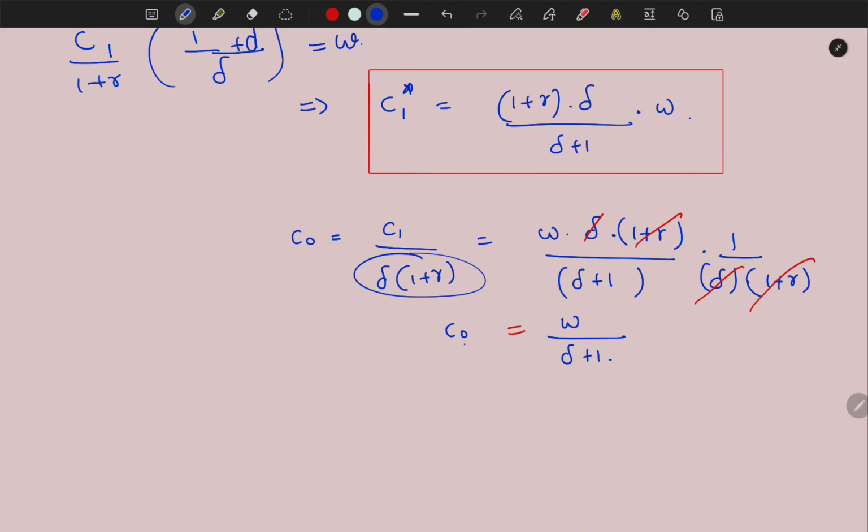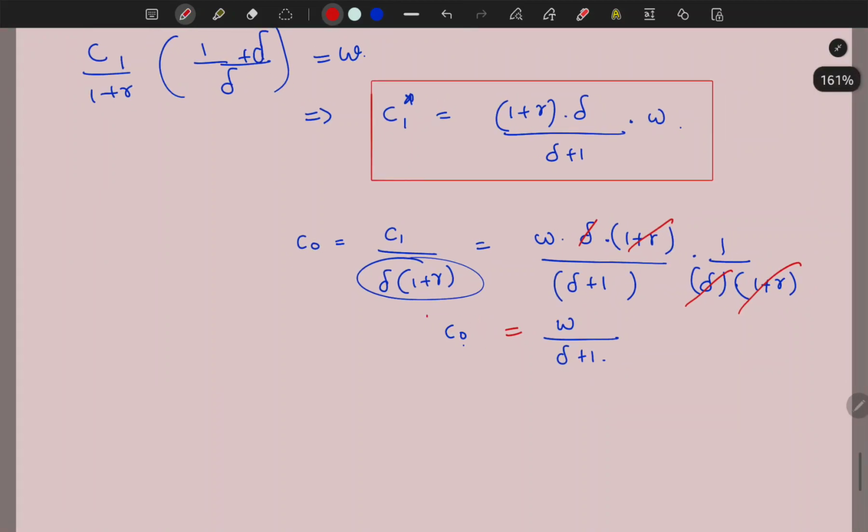This is C0. So we got the solution for the first question.